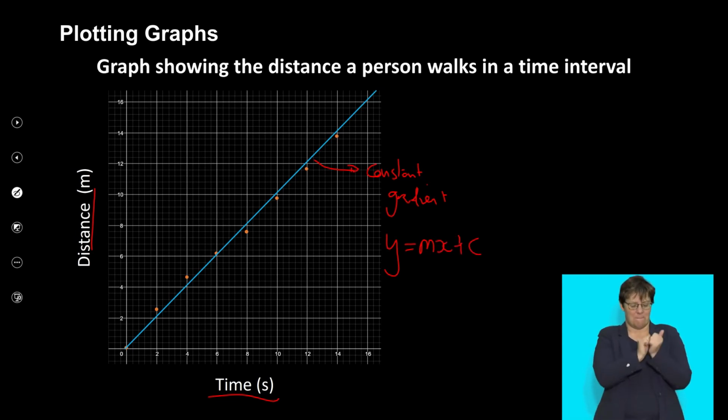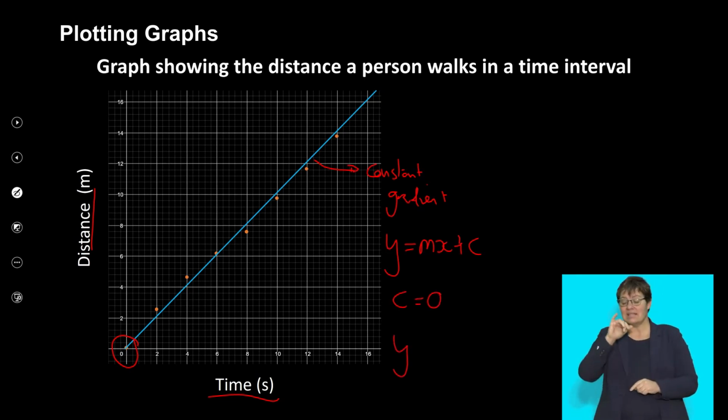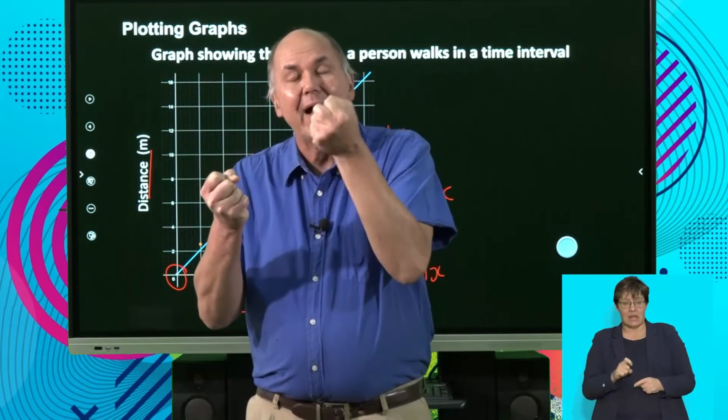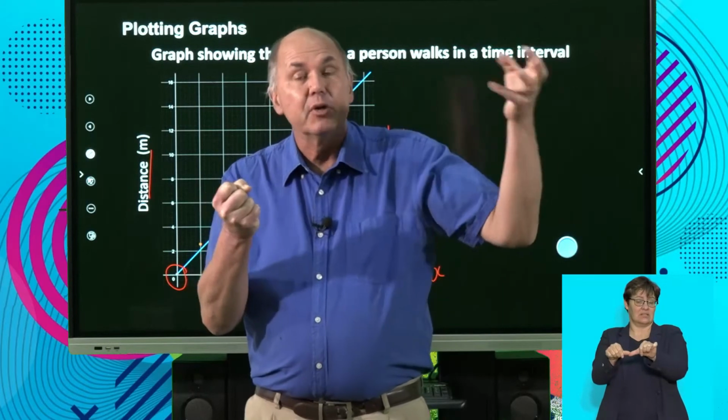And that's the maths part of this lesson. But notice something about the y-intercept or the vertical intercept. It's equal to 0. So when c is equal to 0, we've got y equals mx. And guys, if we've got y equals mx, that means that whatever we do to x, we're multiplying x by a constant, and that will give you y.